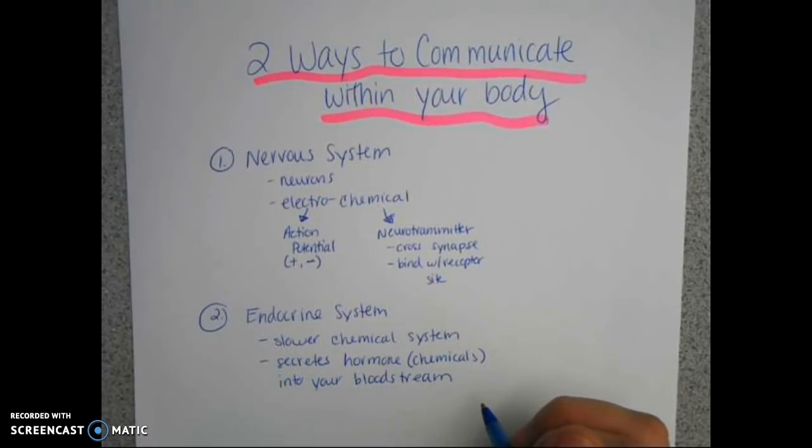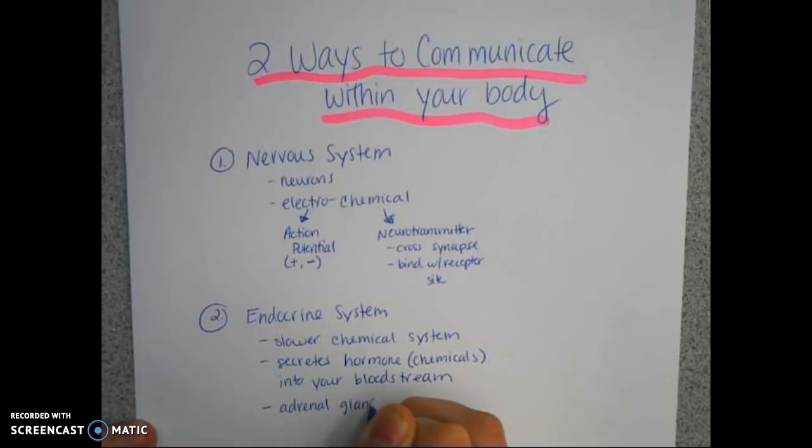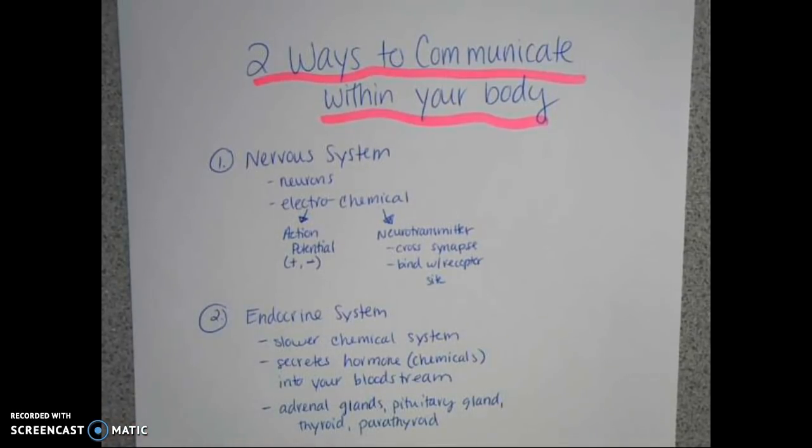So the endocrine system is made up of a series of glands, right? So examples would be like your adrenal glands, your pituitary gland, which controls growth, your thyroid, your parathyroid. These are all things that you should have in your notes. They were in a picture in your textbook, right?